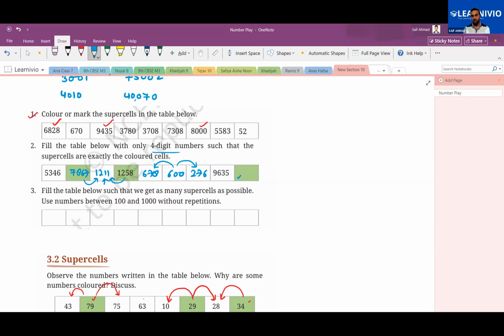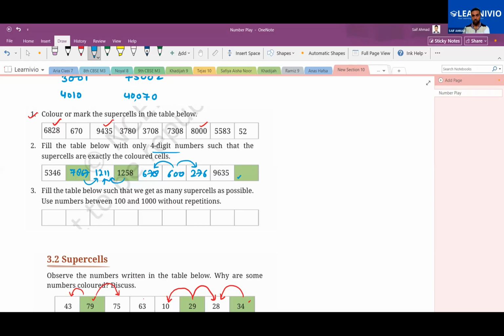You have to put only 4-digit numbers. 1678.